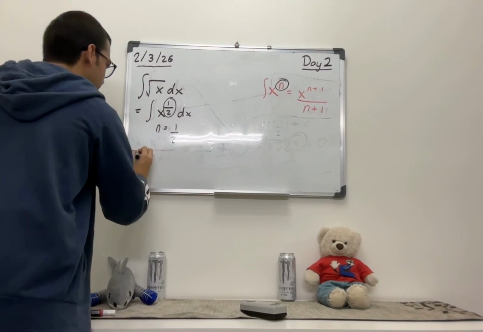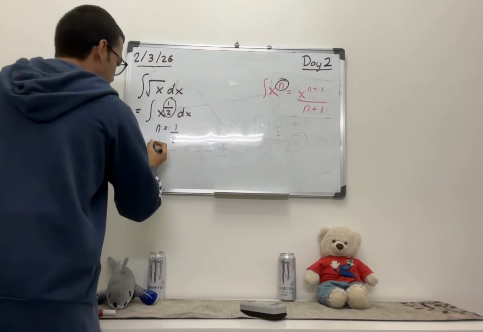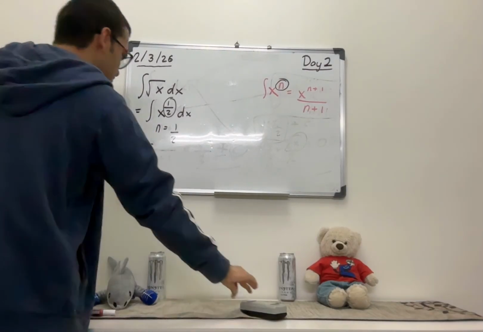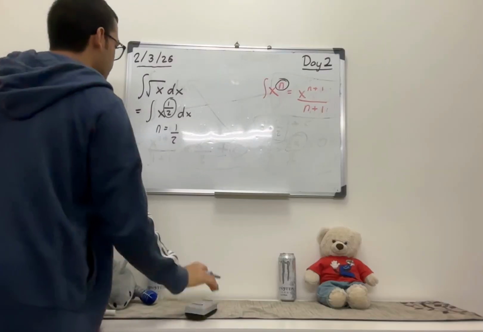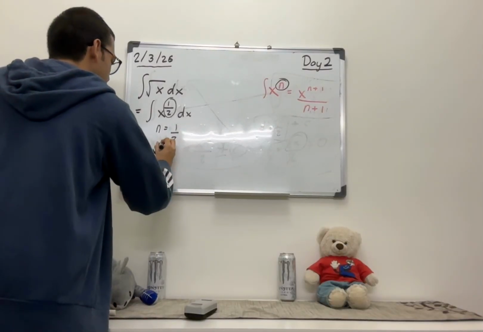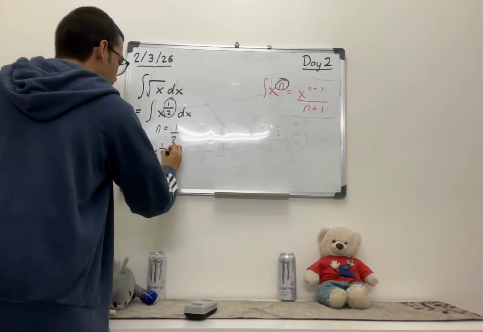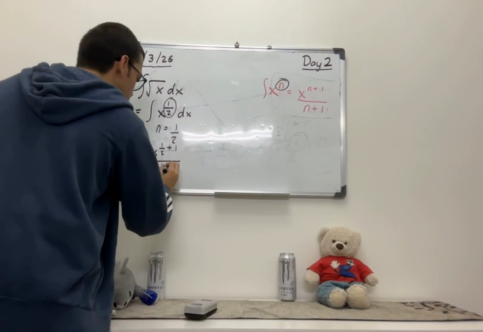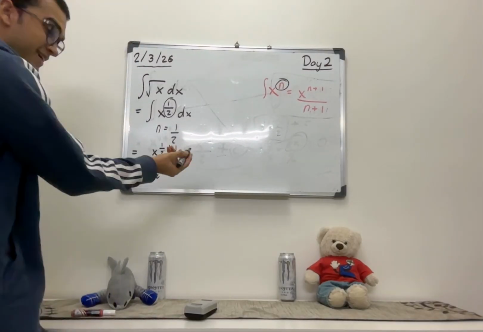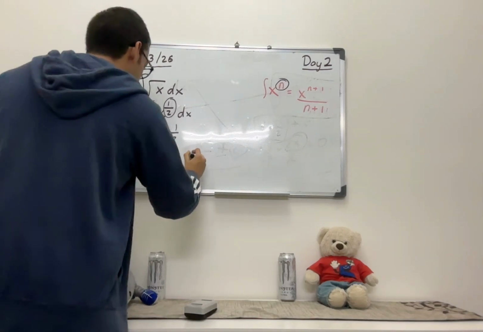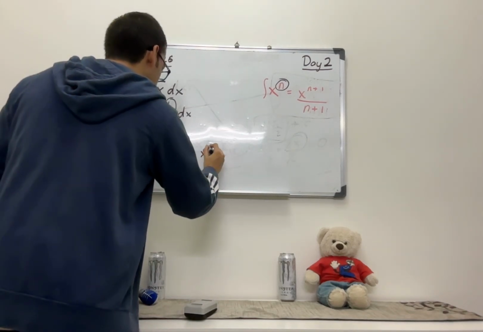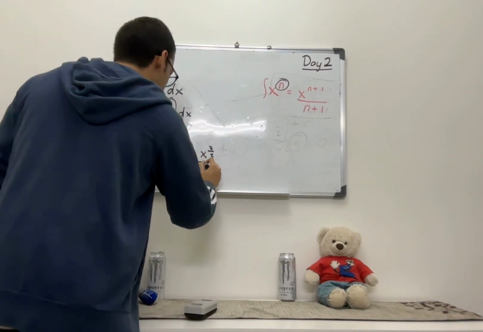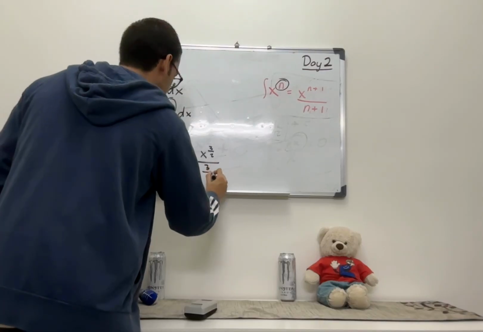We get the integral of, okay, now since we're already integrating this, we don't need the symbol here. So we get x raised to the power 1 by 2 plus 1 by 1 by 2 plus 1. Now this is basic fractional addition, so you get x raised to the power 3 by 2 by 3 by 2.